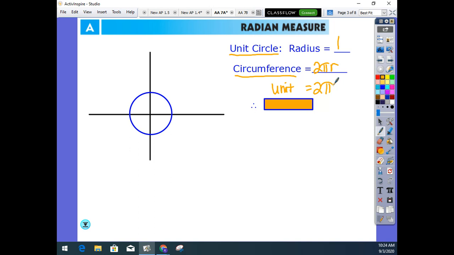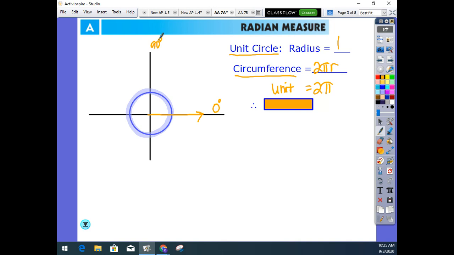So radians are to degrees just like centimeters are to inches. It's just a different way to measure angles. Think about when we go all the way around a circle, we always start here, where this is 0 degrees.